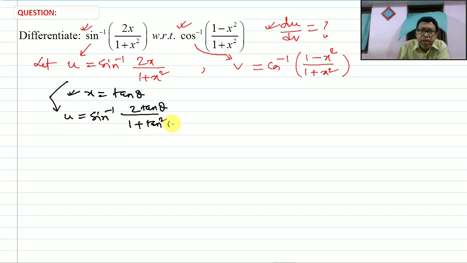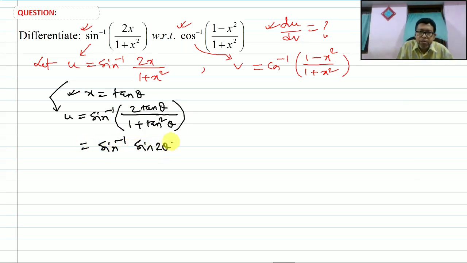Can you tell me what this formula is? 2 tan theta divided by 1 plus tan square theta is the formula for sine 2 theta. So sine inverse of sine 2 theta is twice theta. So u is equal to twice theta.